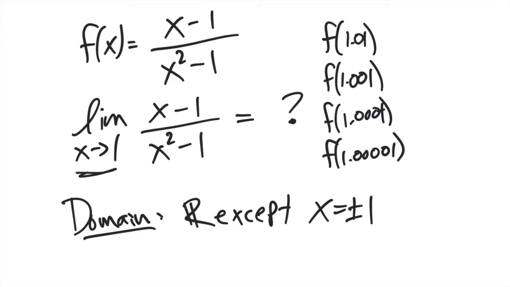You could keep going and ask, what happens if you plug in values that are getting closer and closer to 1? As x gets closer and closer to 1, what is your output getting really close to? What are you finding for your f of x values? So go ahead and take a second, pause the video, and find f of 1.01, f of 1.001, and all these other ones, using the function we have from the beginning.